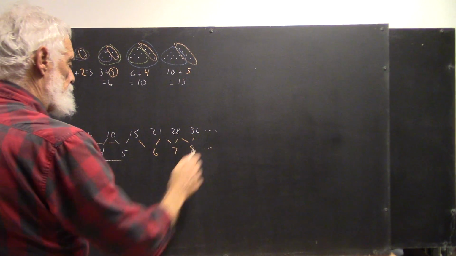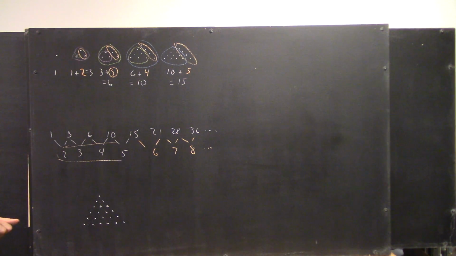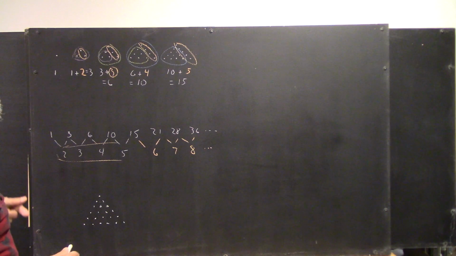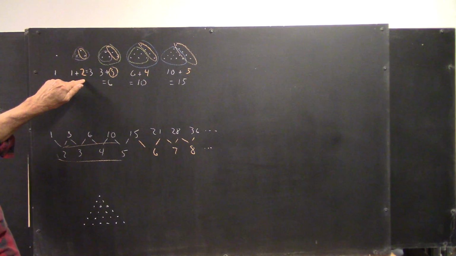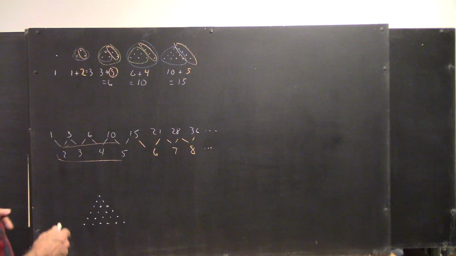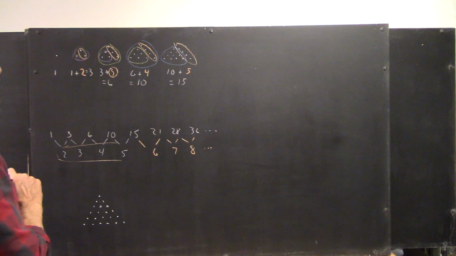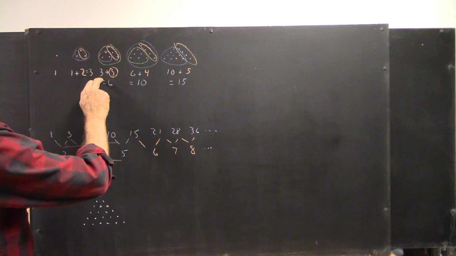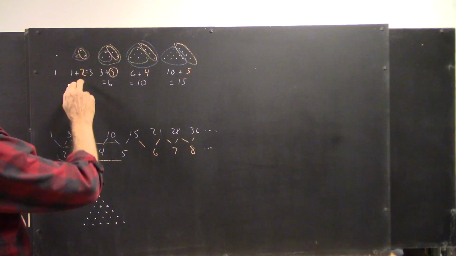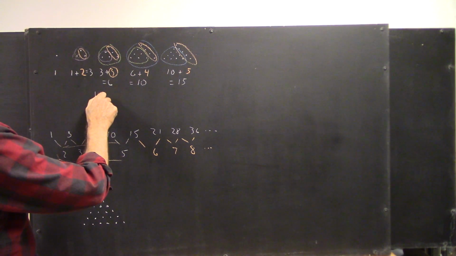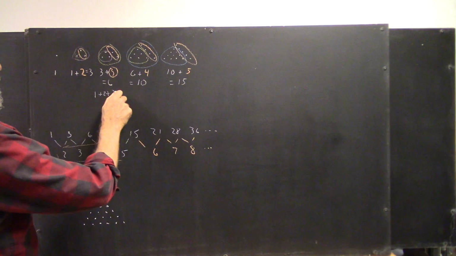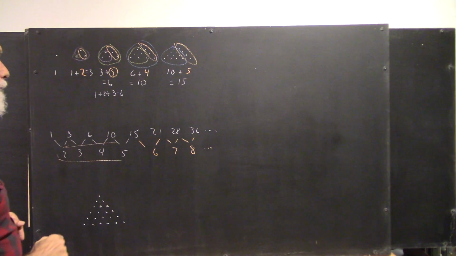Now, another way we could look at this sequence, the 2 is added, the 1 is what we had before, but what we have here, of course, is 1 plus 2 equals 3. Now, where did this 3 come from? Well, it came from 1 plus 2. So that's 1 plus 2 plus 3 equals 6.